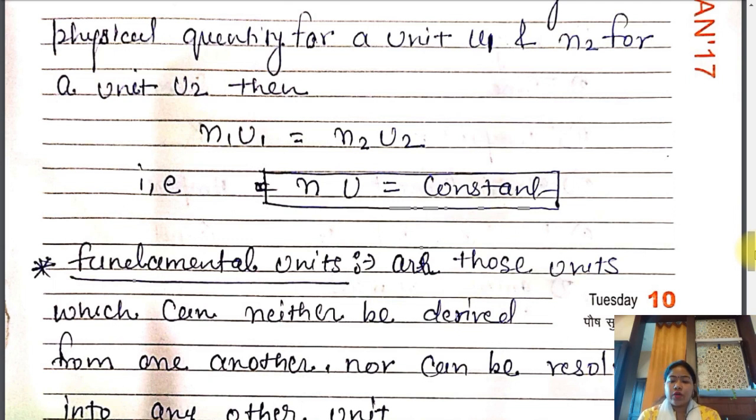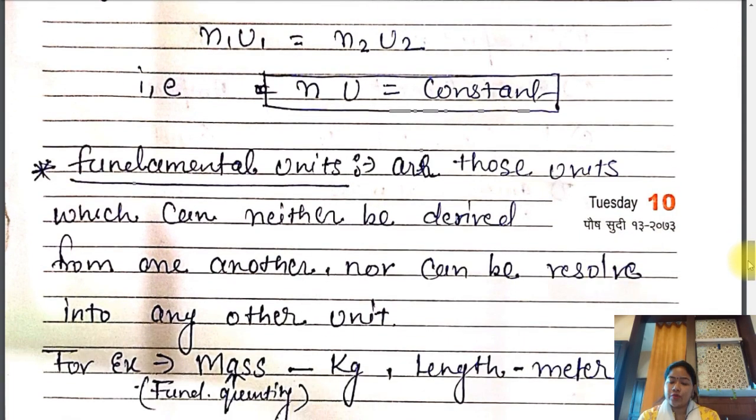One more time, I am repeating the topic. Fundamental units are those units which can neither be derived from one another nor be resolved into any other unit. Resolved means split.